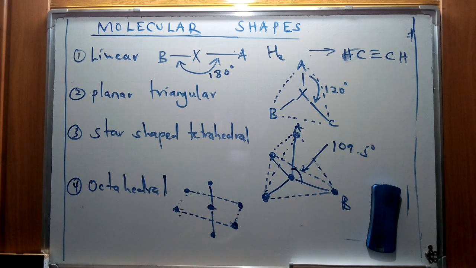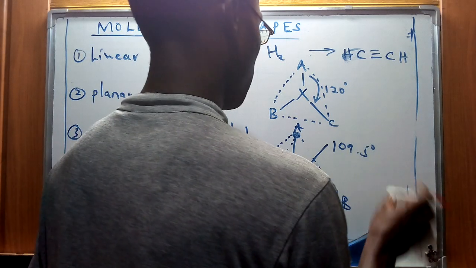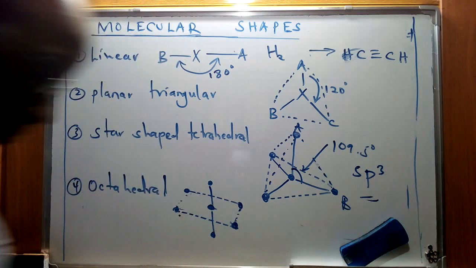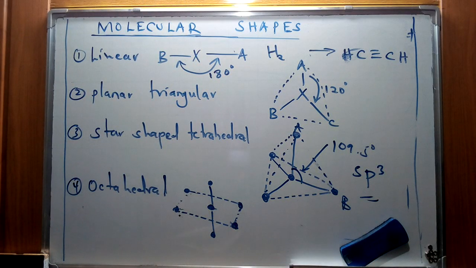Now this is common for atoms which are sp3 hybridized, and this is for the star-shaped tetrahedral structures. I've said that these ones are common for the sp3 hybridized central atoms of tetrahedral molecules.